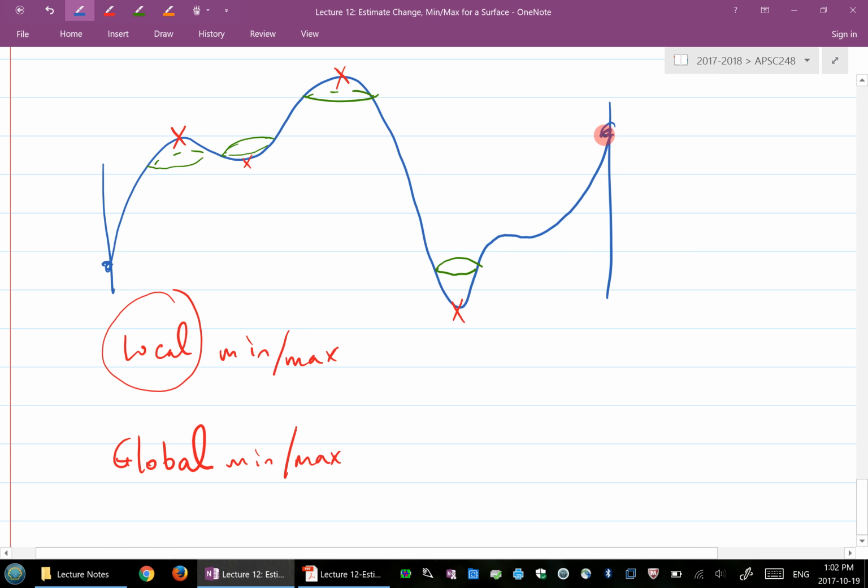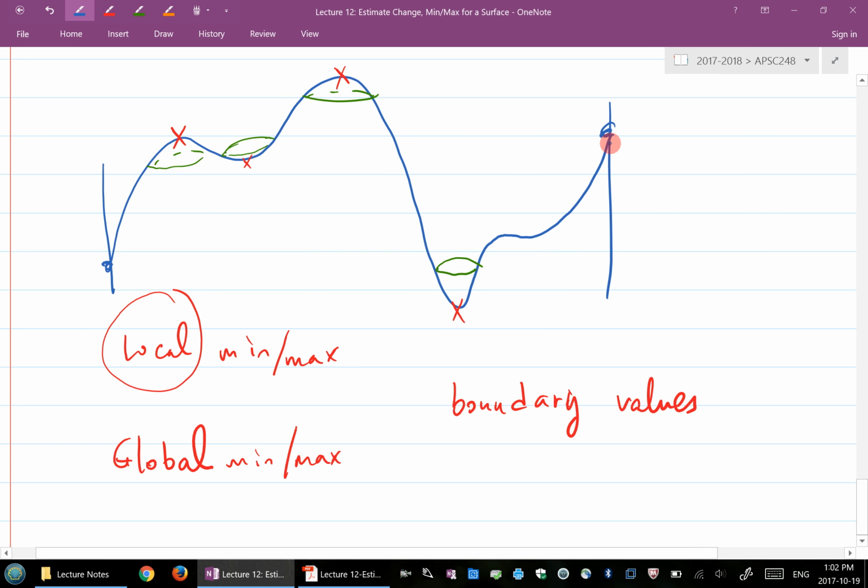So boundary values are another thing you have to watch out for. If you look at just this segment, just this portion, then that could be a local min. That could be a local maximum.